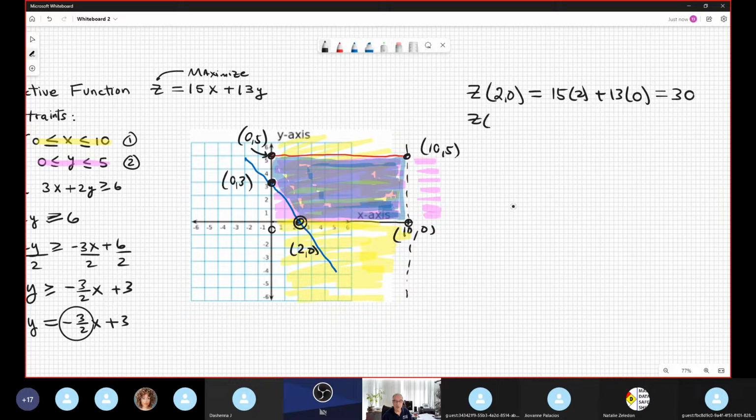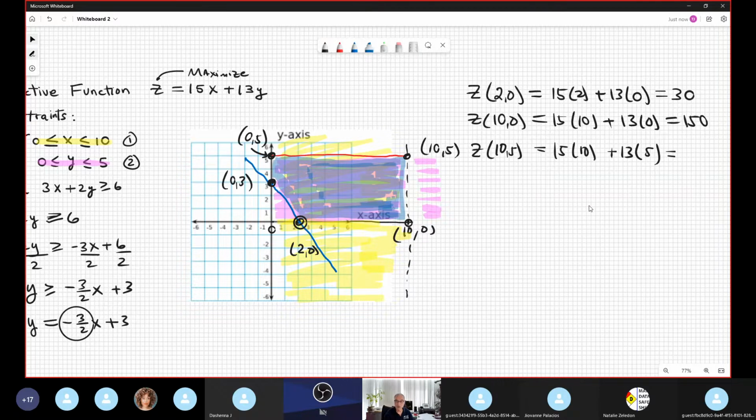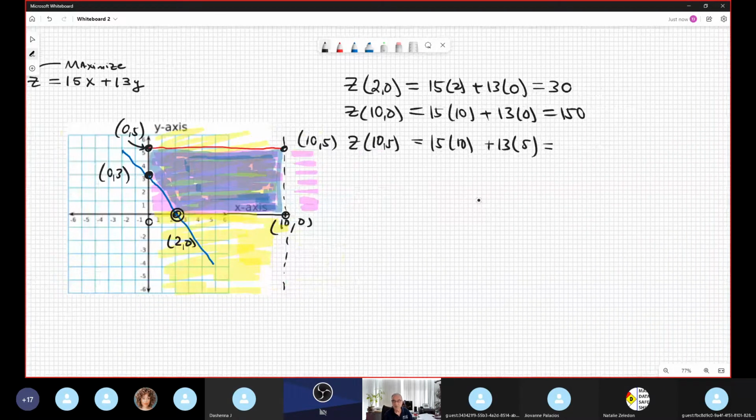And you evaluate now 10,0. 15 times 10 plus 13 times 0 is 150. Oh, it's bigger than this. I like that. See, 10,5 is 15 times 10 plus 13 times 5. Okay, 150 plus 65 is 215.